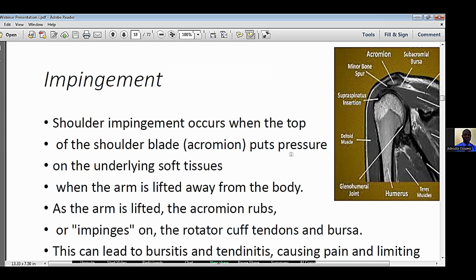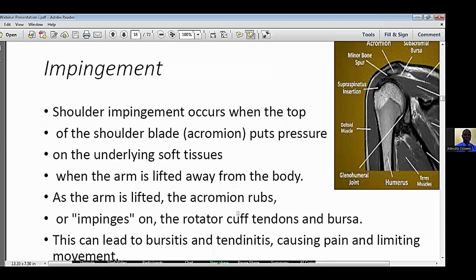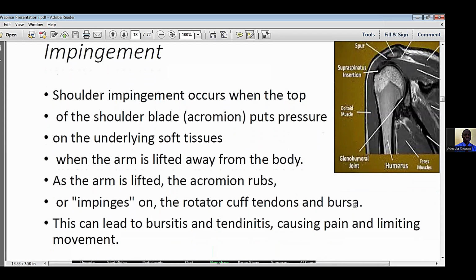So that thing is called impingement, when the top of the shoulder blade, the acromion, puts some pressure on the underlying soft tissues. Yes, when the arm is lifted away from the body, the acromion rubs or impinges on the rotator cuff tendons and bursa. And this can lead to bursitis, can lead to tendinitis, causing pain and limiting the movement.